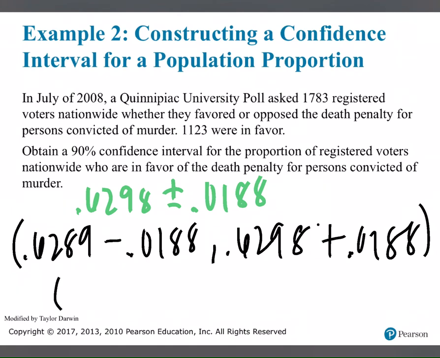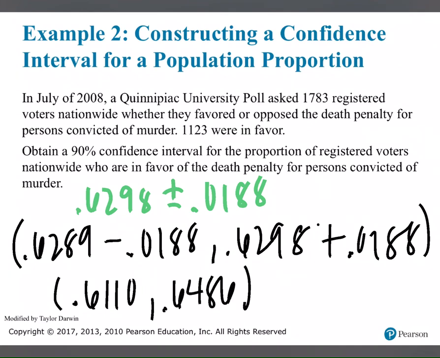Once I simplify those, I get 0.6110, comma, 0.6486. That is my confidence interval.